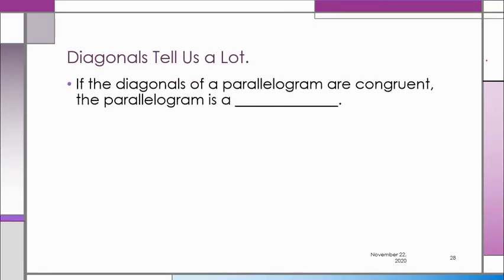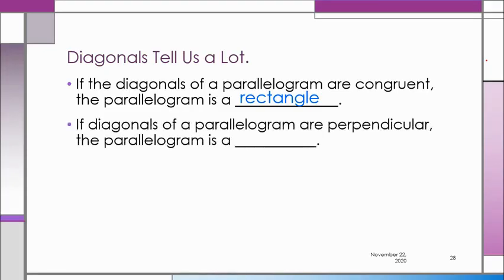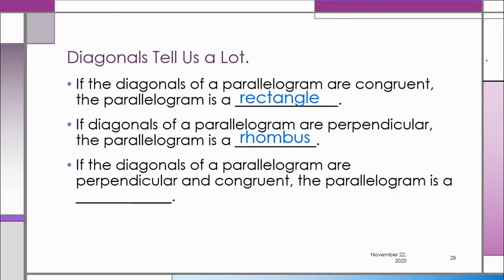If the diagonals of a parallelogram are congruent, the parallelogram is a rectangle. If the diagonals of a parallelogram are perpendicular, the parallelogram is a rhombus. If the diagonals of a parallelogram are perpendicular and congruent, the parallelogram is, that's right, a square.